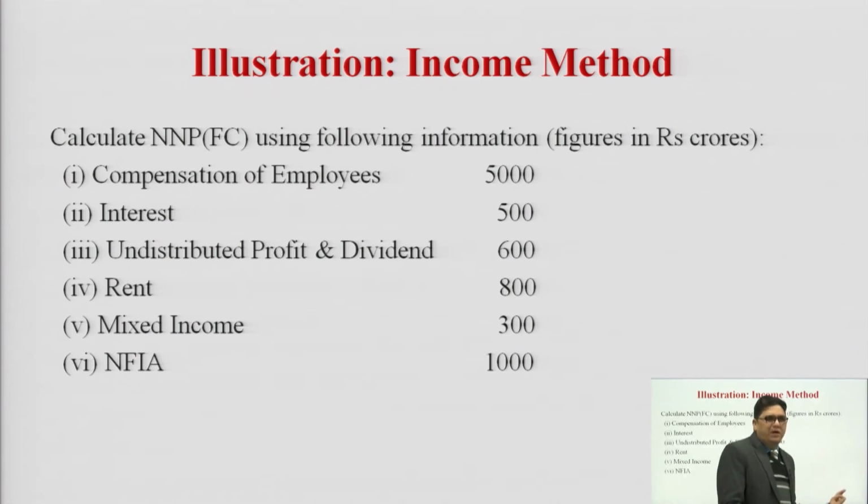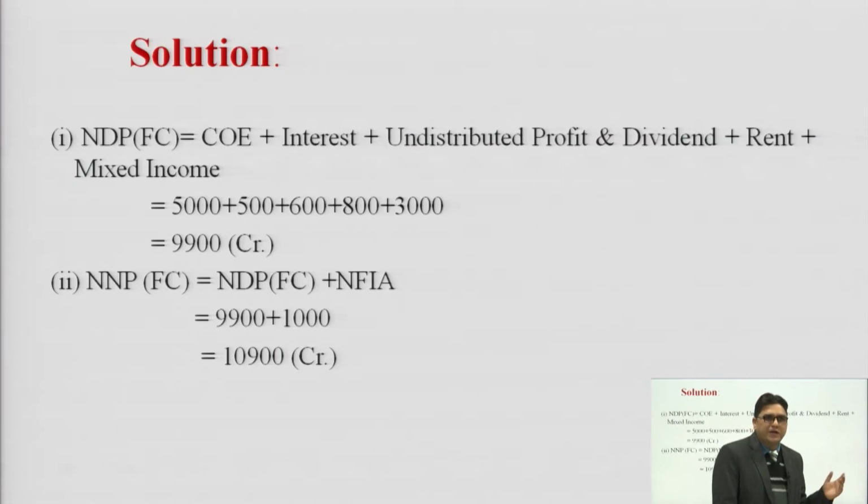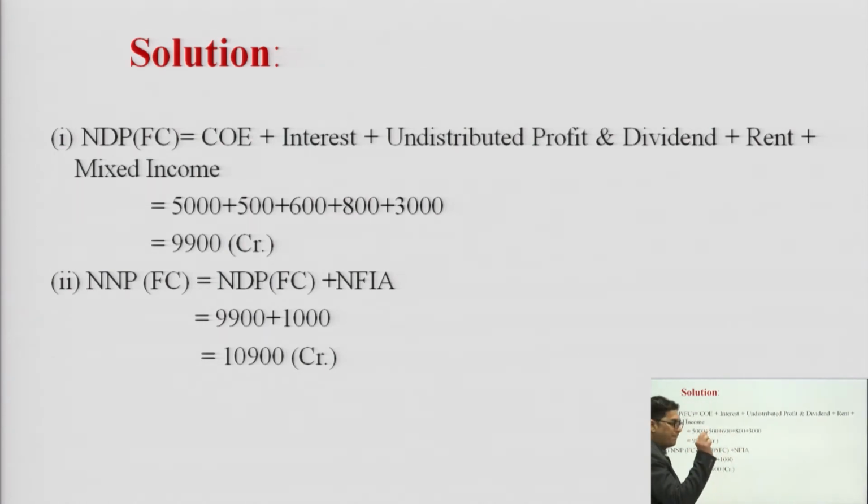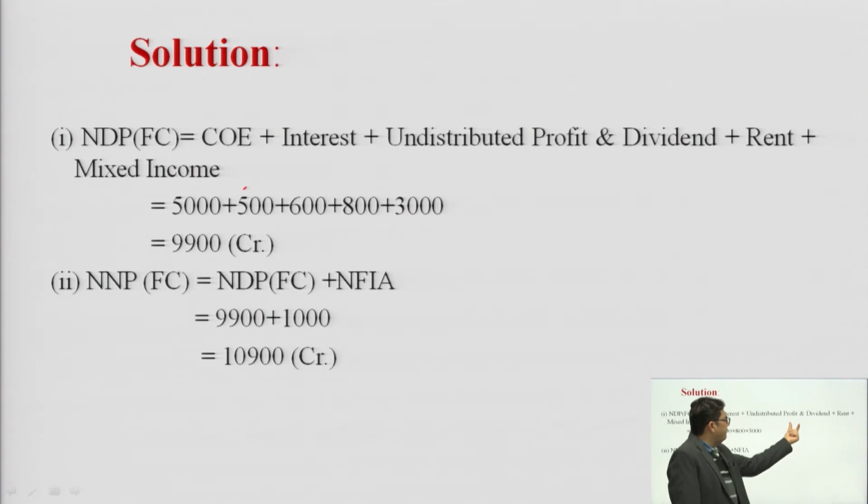It is simple; we just need to put in the formula that I shared on the earlier slide. As I said, by the income method we reach the figure of NDP at factor cost: compensation of employees, interest, undistributed profit and dividend, rent plus mixed income.